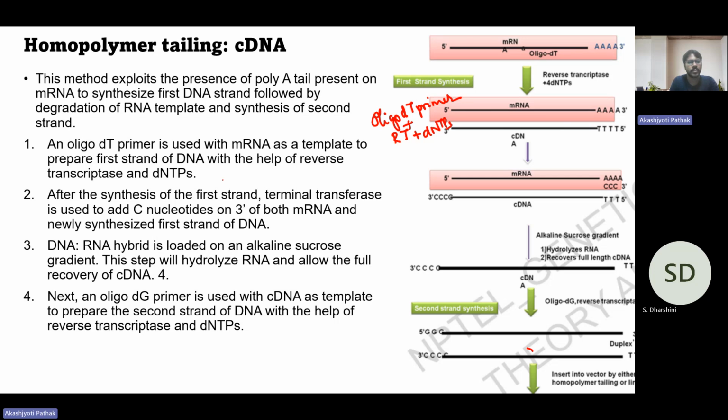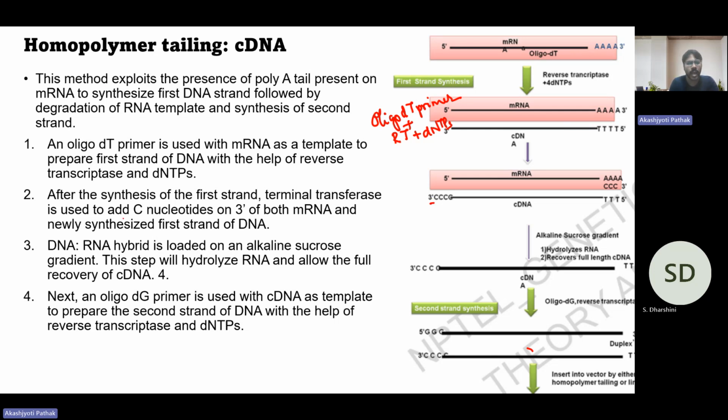Now in the next step, we will get the first strand synthesized, and then terminal transferase is added. Once the terminal transferase is added, you will get this 3 prime CCCC group.